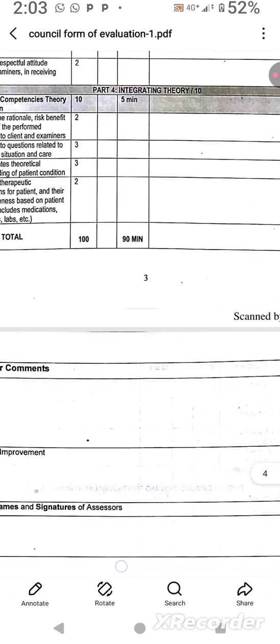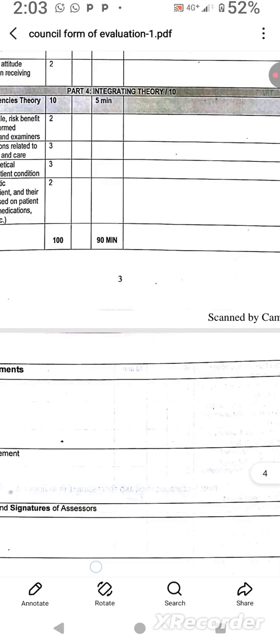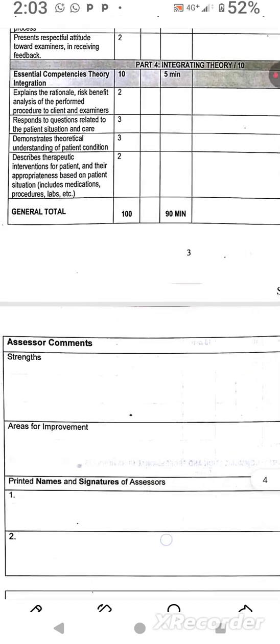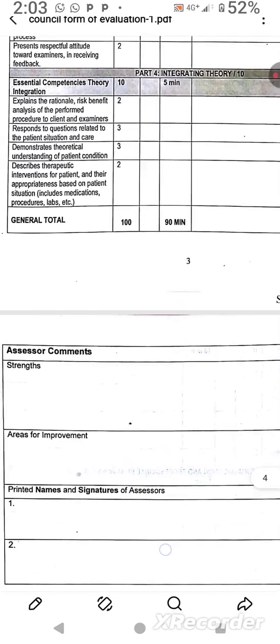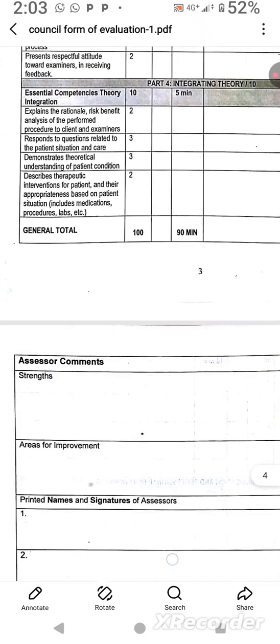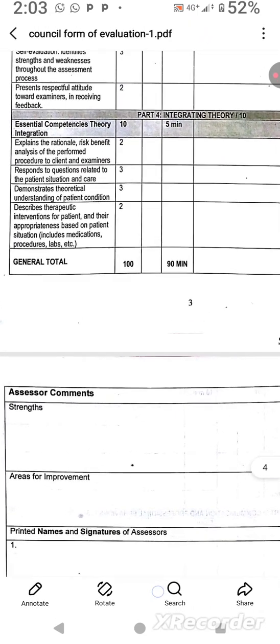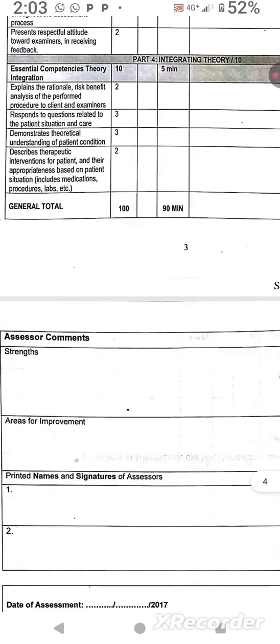Then the last one is the part on integrating theory. It is out of 10 marks and will be done in 5 minutes. Explain the rationale and risk-benefit analysis of the different procedures to the examiners. Respond to questions related to the patient situation and care. Demonstrate theoretical understanding of the patient condition.